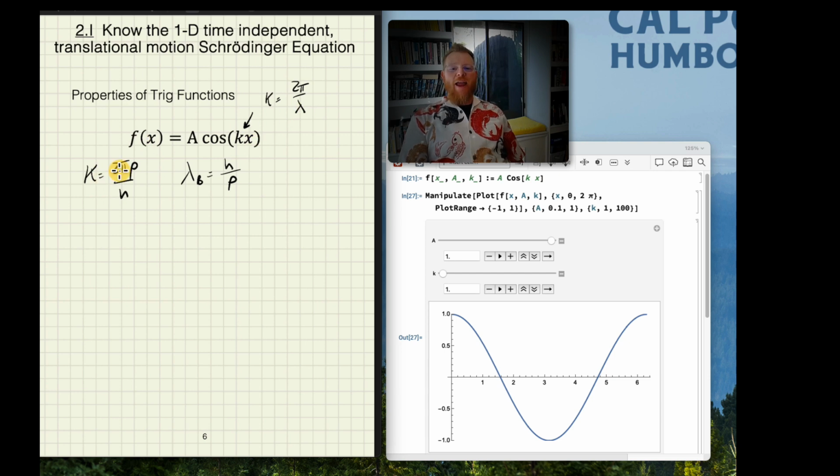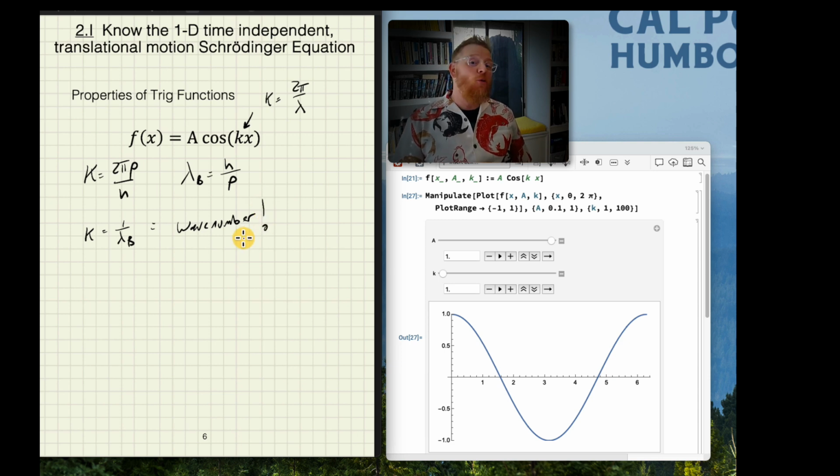So if we compare this for just a moment and recognize there that I've got 2 pi and that quantity times p over h, well, p over h is the same as 1 over lambda. Thus, this k solution, let me rewrite that, is actually just 2 pi over the de Broglie wavelength, which means k truly is a wave number.